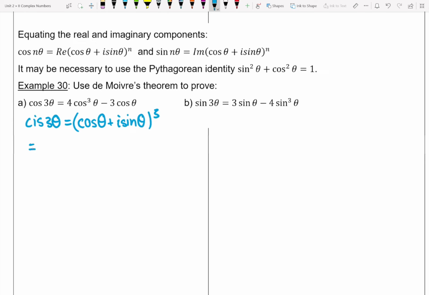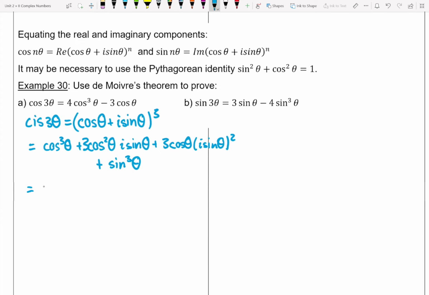So expanding the right-hand side, we get cosine cubed theta plus cosine squared theta times i sine theta times 3, plus 3 cosine theta (i sine theta) squared plus (i sine theta) cubed.